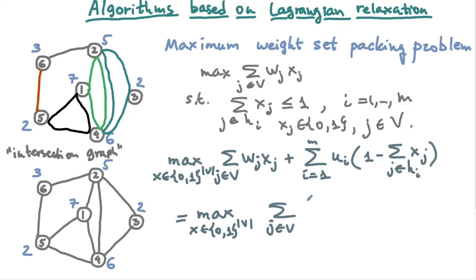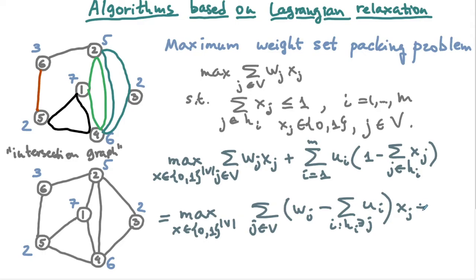So the coefficient for xj will be wj minus the summation over i such that the hyperedge hi contains the vertex j of ui, times xj, plus the summation of ui over all i.